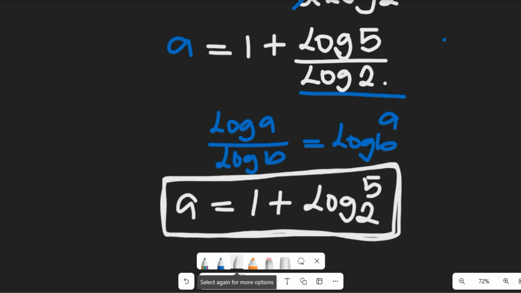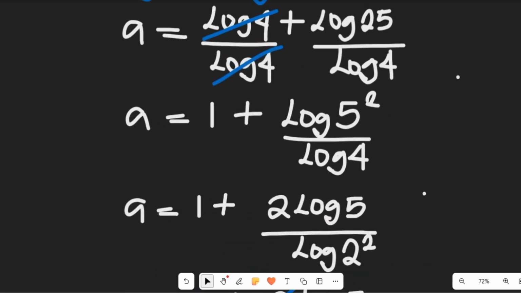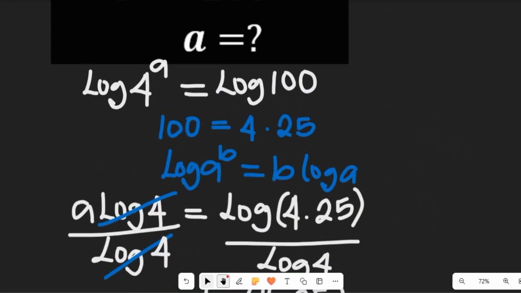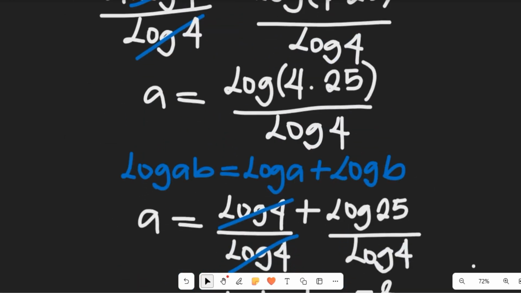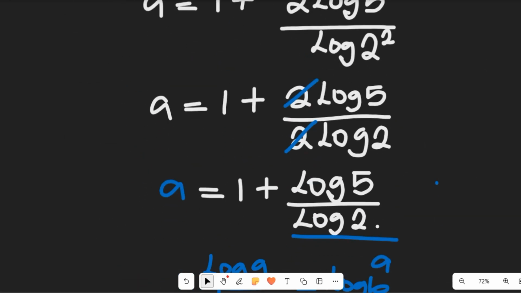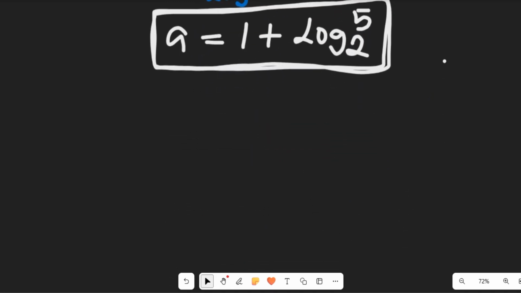Now remember I told you that we're going to check if our solution is absolutely right. So let's go back. What's the question given to us? 4 to the power of a equal to 100. Now if we insert the value of a equal to 1 plus log of 5 base 2, is it going to give us 100?